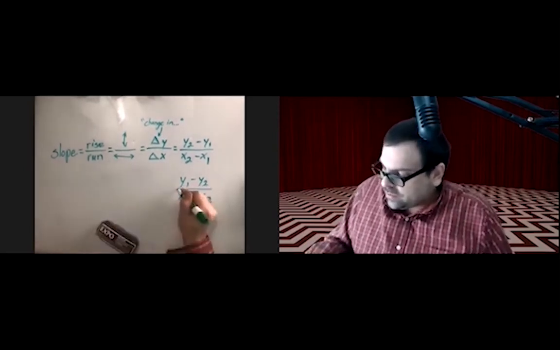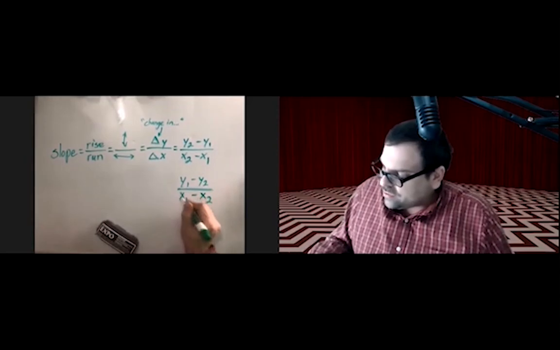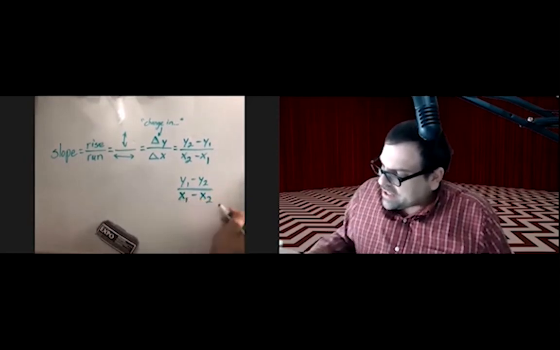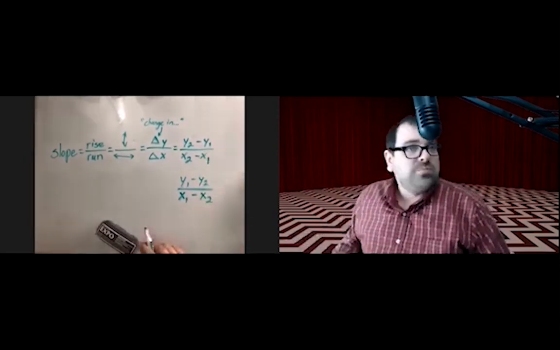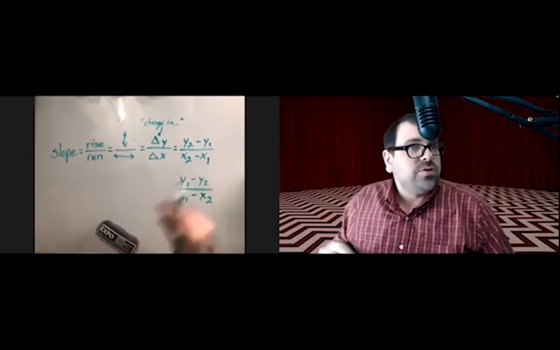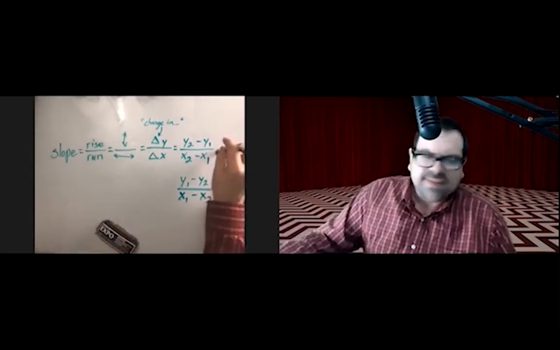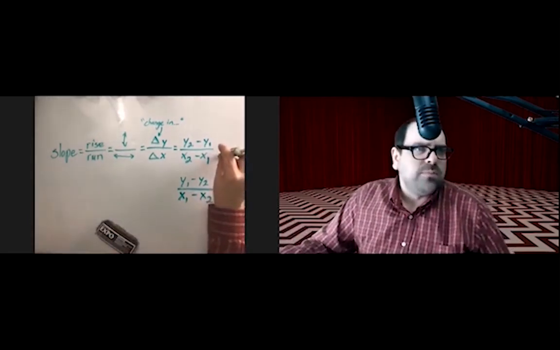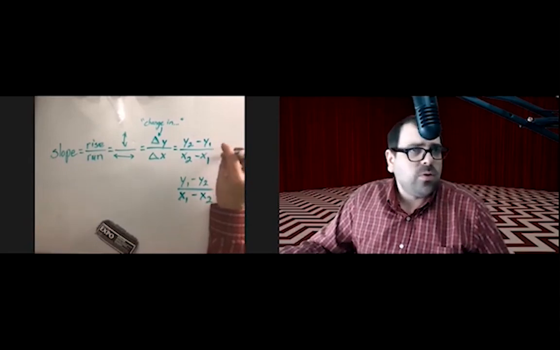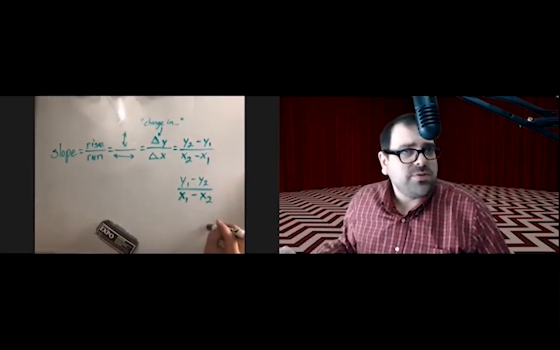So either y1 minus y2 over x1 minus x2, or y2 minus y1 over x2 minus x1. And you're going to see the 2 minus 1 more often. But again, order doesn't matter as long as you keep them straight.